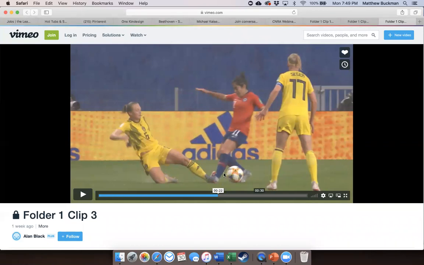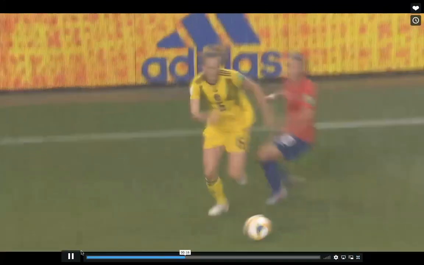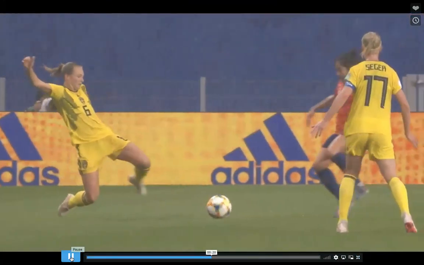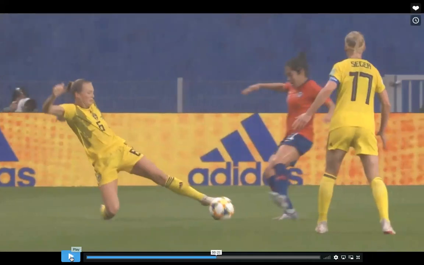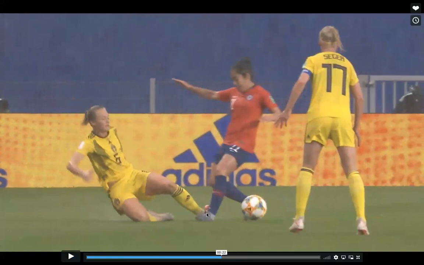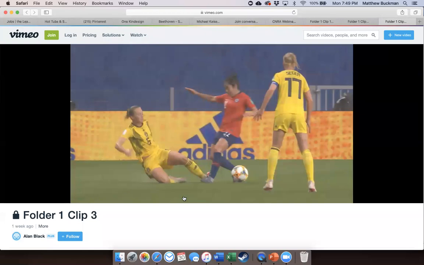So regardless of the ball being played, which yes, the yellow player does play the ball first, and that's important to notice. She does play the ball first, as you can see right there. She just kicked the ball away, but then she makes that contact, and that contact right there is unfair. So per the laws of the game, no matter if you get the ball first or not, if you make unfair contact with the opponent, it's a foul.